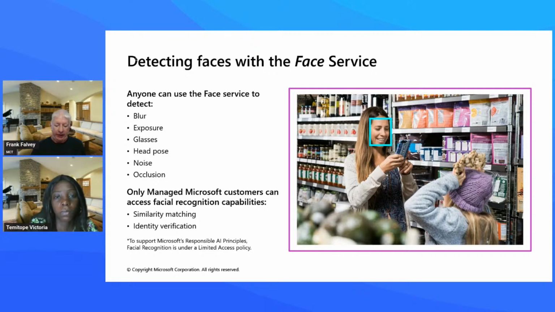While the AI Vision service provides some basic face detection and analysis features, the Face service offers additional capabilities. All users can use the Face service to detect blur, so you can see how blurry the face is, which can be an indication of how likely a face is to be the main focus of the image.